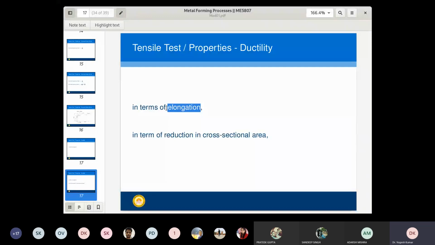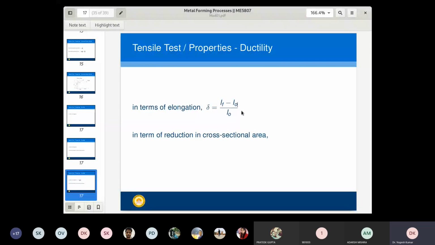In terms of elongation, delta equals change in length upon original length, that is LF minus LO divided by the original length. So this will give you elongation.